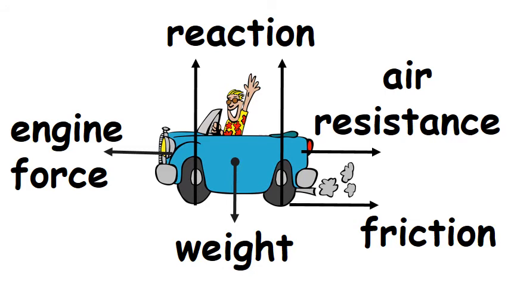You have the reaction with the tires because the tires are in contact with the ground, and so each tire has a reaction force. And then finally over there we've included also the friction, because as the car is moving, the tires experience friction with the road. So that is a nice force diagram, which is rather complicated, you can say.